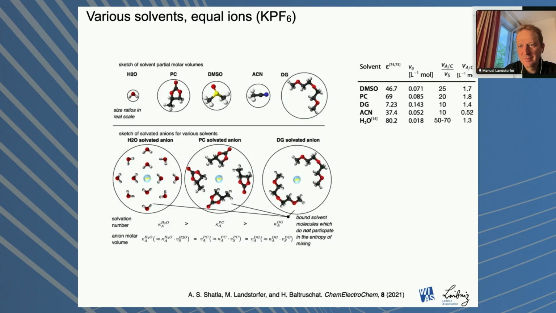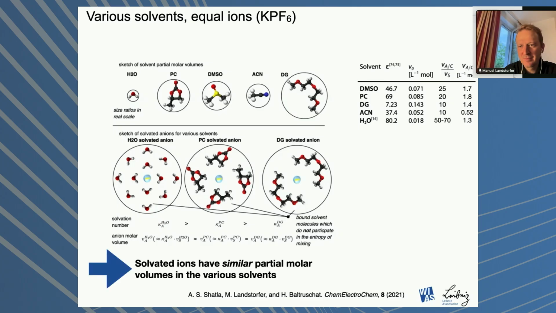For instance, if you have a solvated anion with water, then you can have, for instance, 30 water molecules in 2 solvation shells. However, for decline, you will find a value of, for instance, 4 or 5 solvent molecules. However, the size of the solvated ions tends to be more or less the same, which is a bit surprising. But on the other hand, electrostatic interactions do not seem to care too much about the actual chemistry, but more about the steric effects because of the size of the solvent molecules.